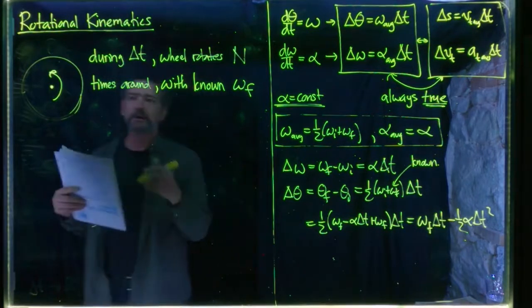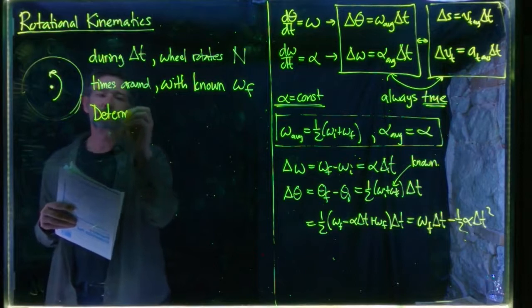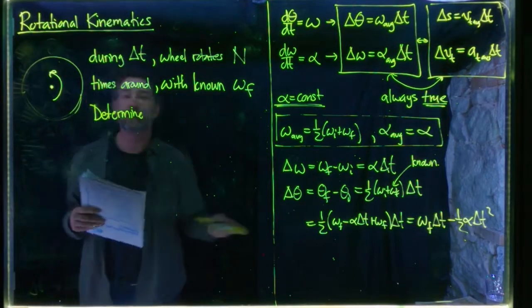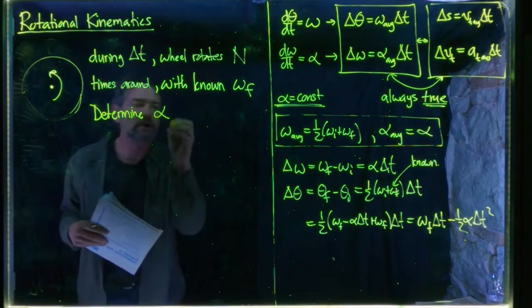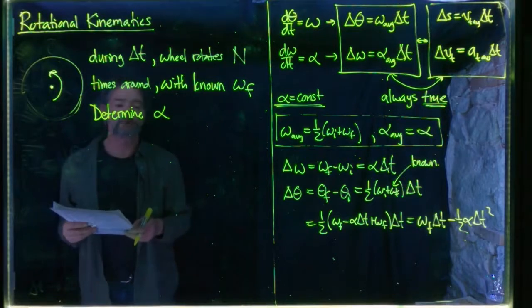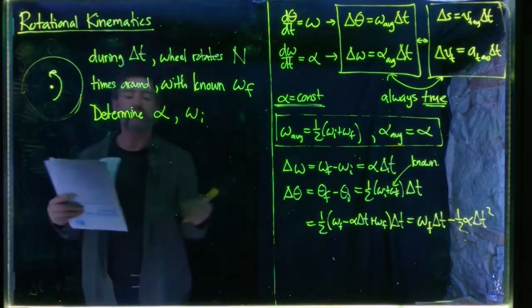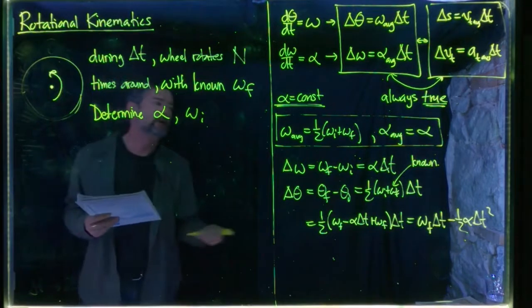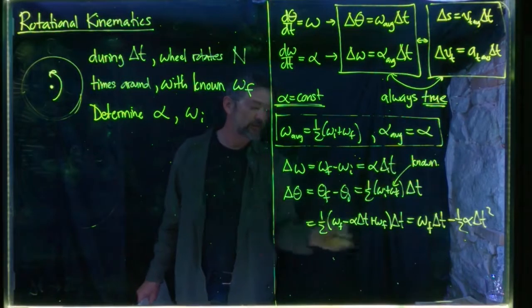And what we're interested in is, for example, what is the angular acceleration. What is this constant angular acceleration? We're going to assume that it's constant. Determine the constant angular acceleration alpha. And maybe we would be interested in what is the initial angular velocity of that wheel. Okay, so in this particular case, a formula like this would be very helpful.